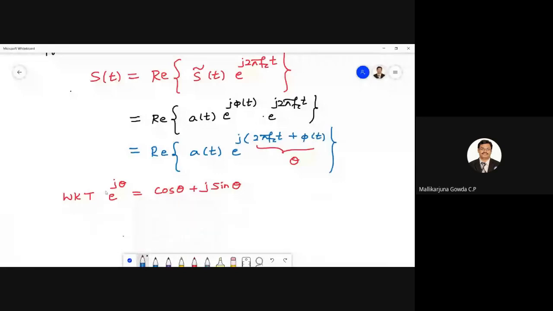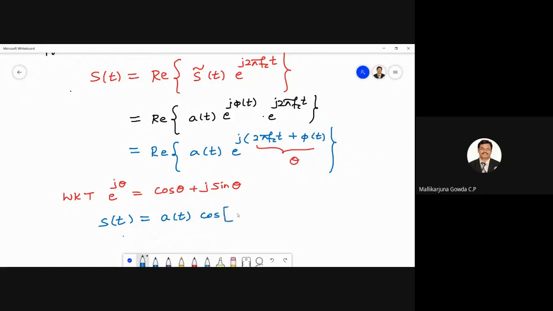So I can write S of t will be equal to A of t into cosine of what?